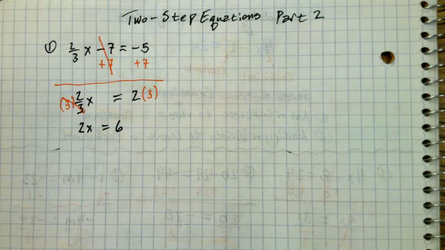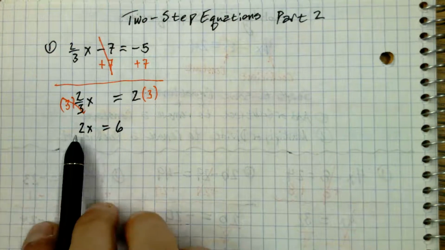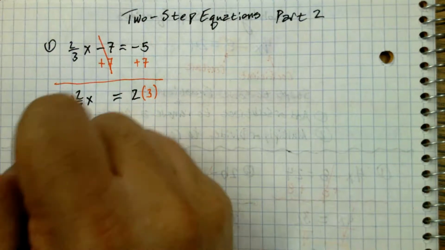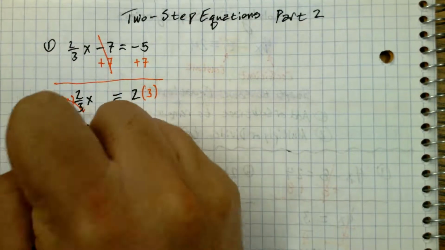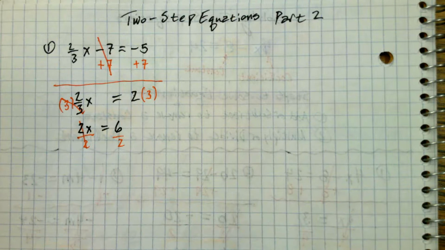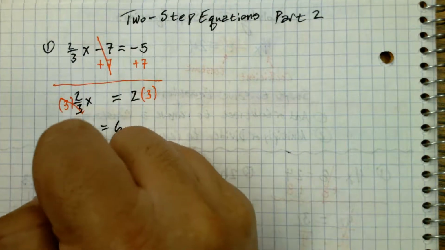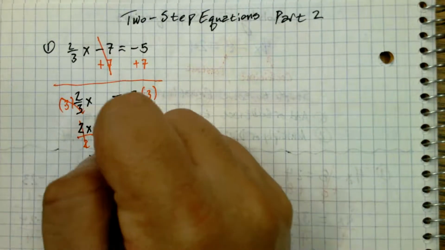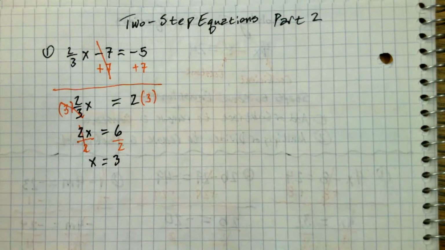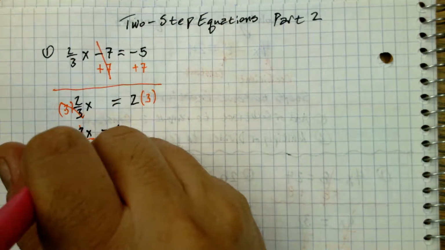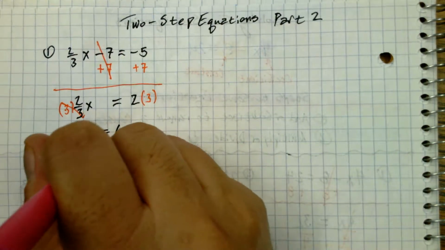And now I want to get rid of the 2 that's being multiplied with x. So just divide it. Okay. And you get x equals 6 divided by 2, 3. Okay. So we'll start off easy, but now we're going to throw in some negatives.